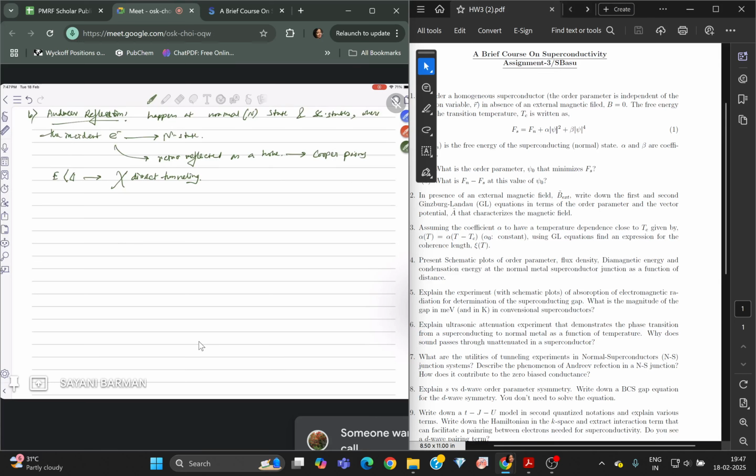It combines with another electron to form a Cooper pair in the superconductor. Now, this missing electron gets replaced by a hole. So this will be the observation for the Andreev reflection.